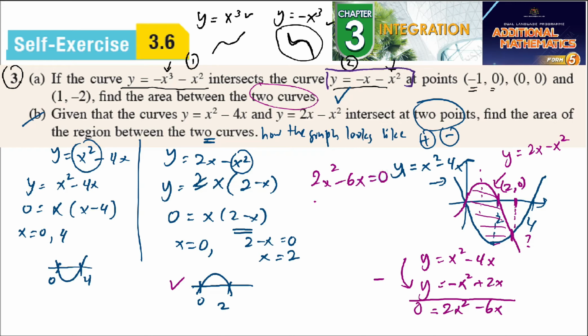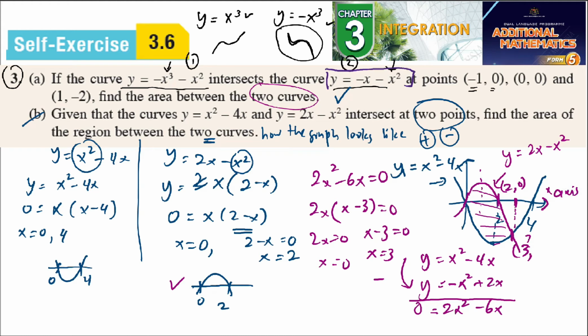So I can take out 2x, right? When I take out 2x, I am left with x minus 3 is equal to 0. So 2x is equal to 0, x is equal to 0, and x minus 3 is equal to 0, x is equal to 3. So the point here is 3. We don't know the y, but actually the y is not important because we are doing area from the x-axis.